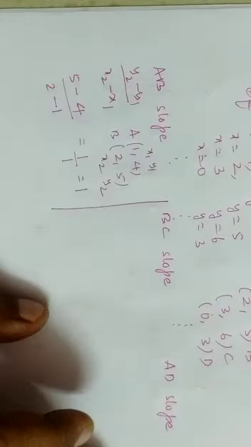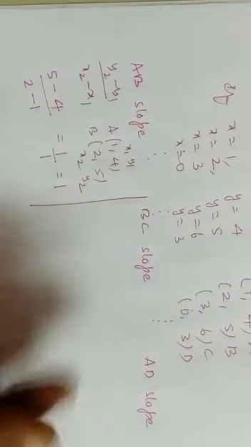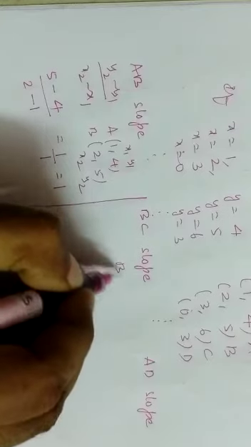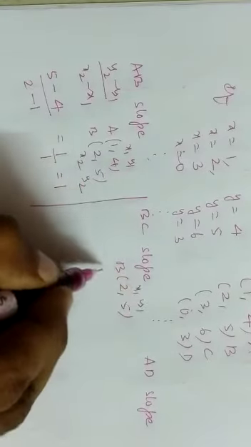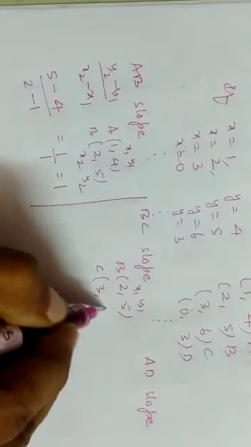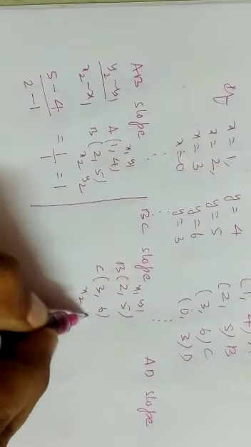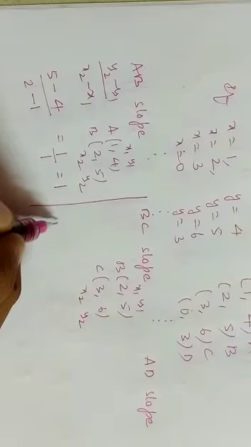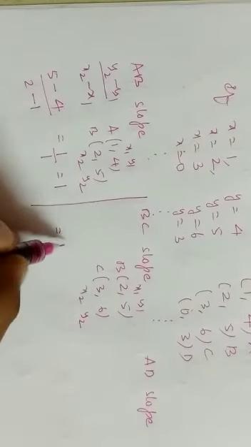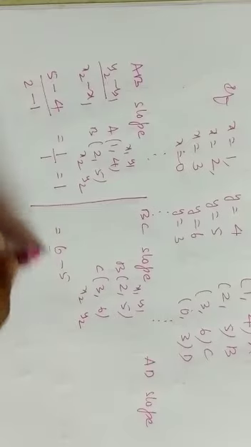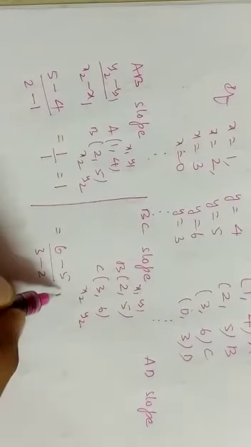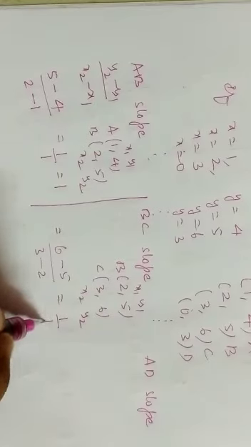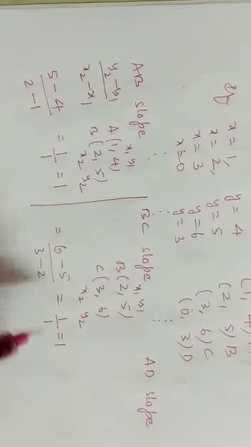BC slope, the same formula. B (2, 5) is x1, y1. C (3, 6) is x2, y2. Slope is y2 6 minus 5 by x2 minus x1, 3 minus 2. 6 minus 5 is 1, 3 minus 2 is 1. So BC slope is also 1.